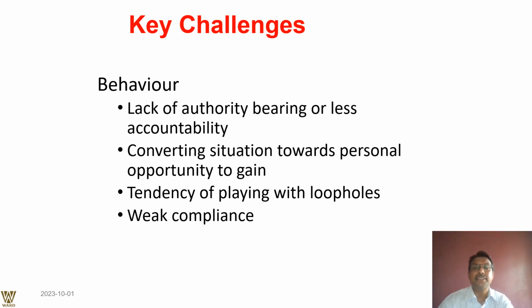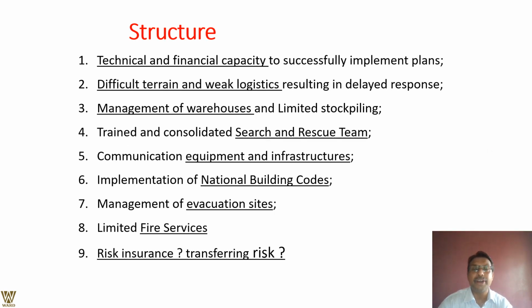The key challenges are behavior, lack of authority bearing, or less accountability, being equitable everywhere, converting situations into personal opportunities to gain, tendency of playing with loopholes, and weak compliances. So those are the key challenges. Thereby you need to understand everything right now.